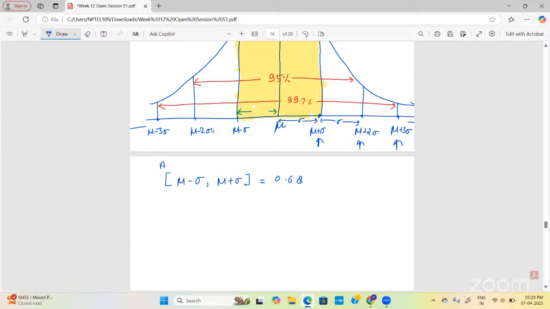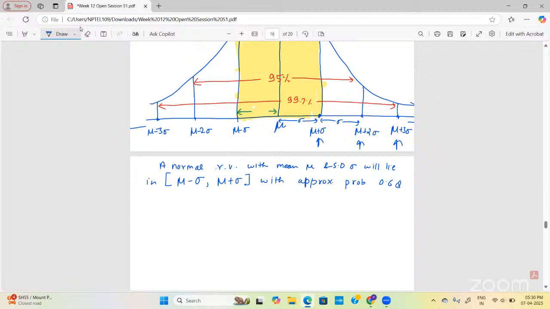I can write: a normal random variable with mean mu and standard deviation sigma will lie in this region with approximate probability 0.68.